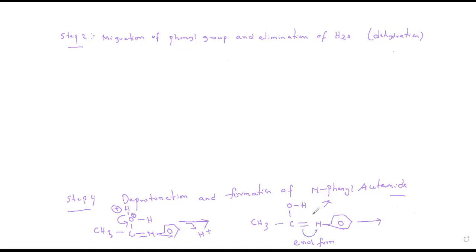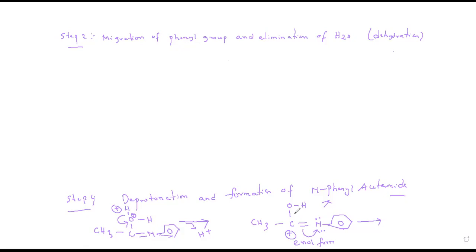The pi electrons will migrate towards nitrogen atom. So initially nitrogen will have one lone pair of electron. If these electrons are also migrated towards nitrogen, nitrogen will get two lone pair of electrons. At the same time, when this pi bond migrates towards your nitrogen, carbon will get positive charge.